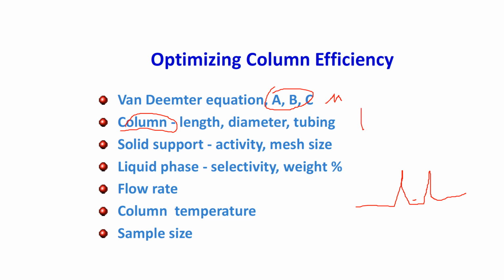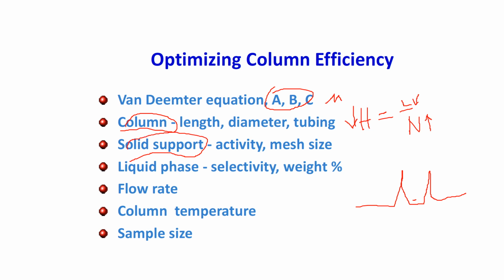Just now, the HETP equation is L divided by N. If you want low H, you should have high N and low length.